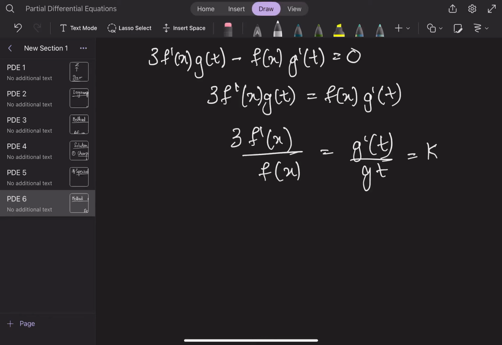Now I'm going to write this in a different way. So 3 upon f(x), and what is f'(x)? It is d/dx of f(x). Similarly, we'll write this as k.